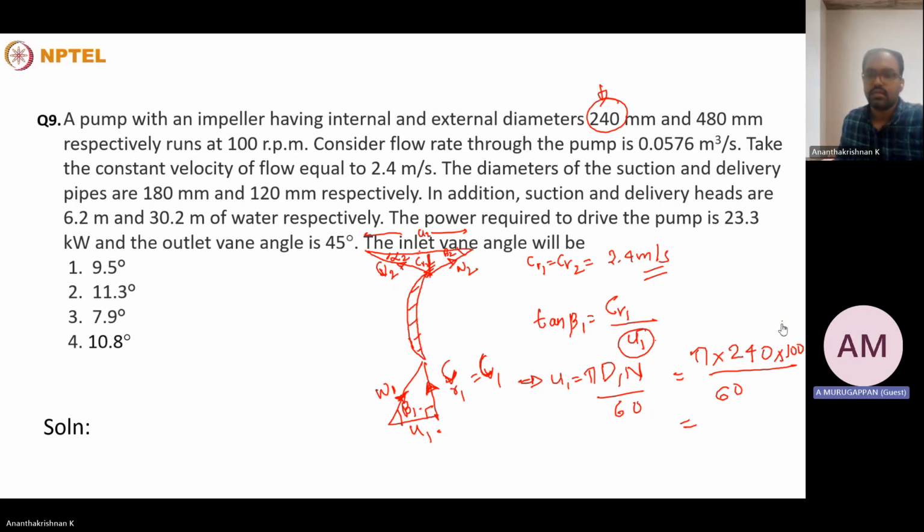So there is an error in the statement of the problem, I hope. A centrifugal pump cannot be running at a very low speed of 100 RPM. It should be 1000 RPM. I beg your pardon, it's a mistake.